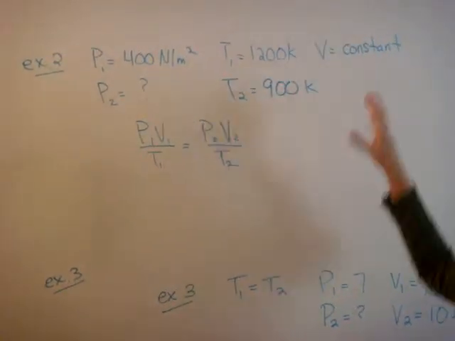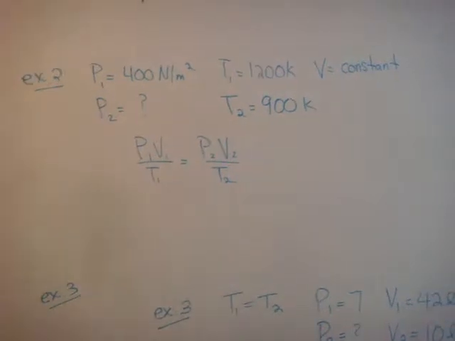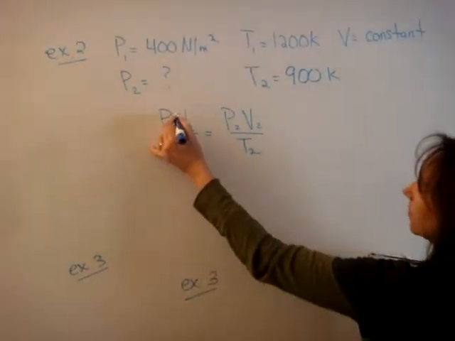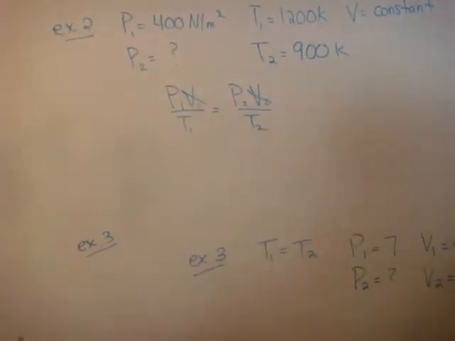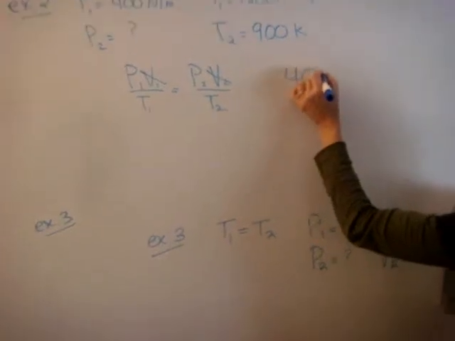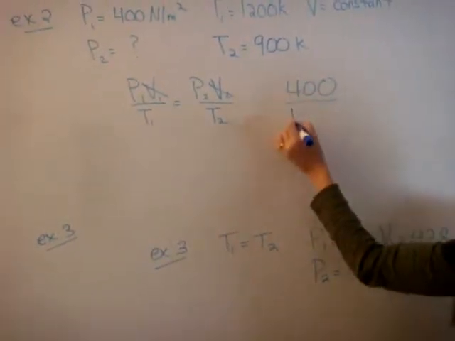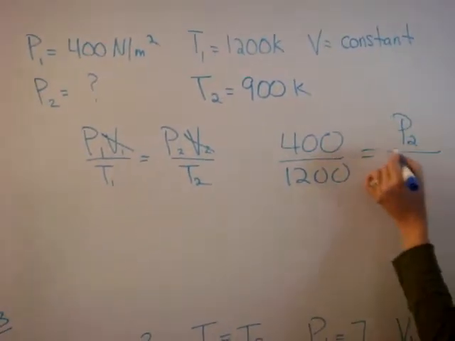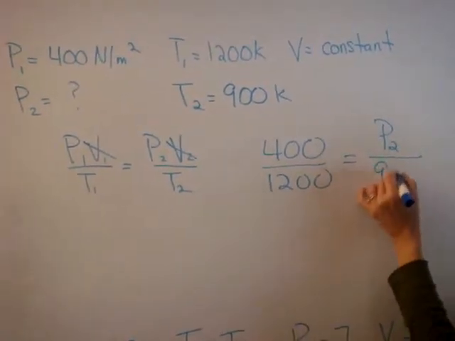Now if they tell you that something is constant, that means we don't really need it in the equation at all. So you can just cross it out and fill in the other things that you know. So we have pressure 1 is 400, temperature 1 is 1200, pressure 2 is what we're looking for, temperature 2 is 900.